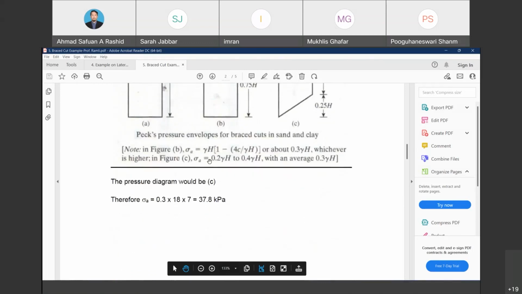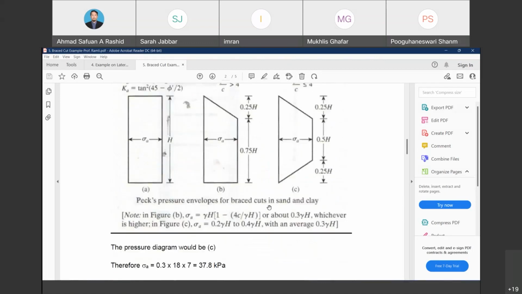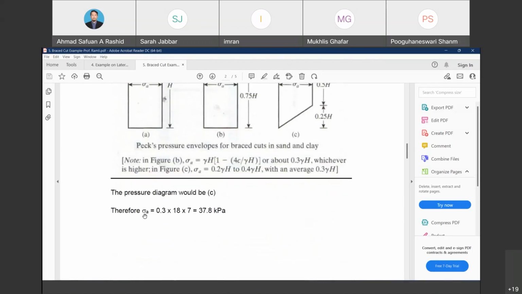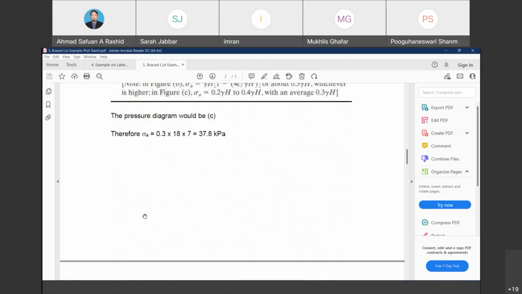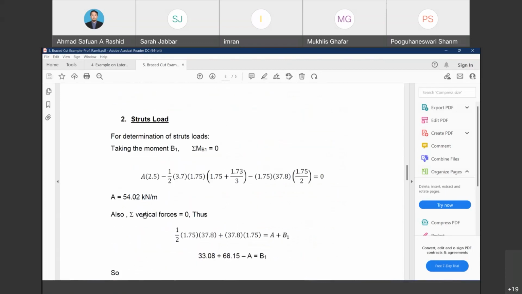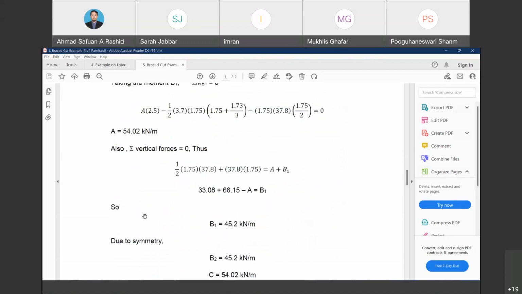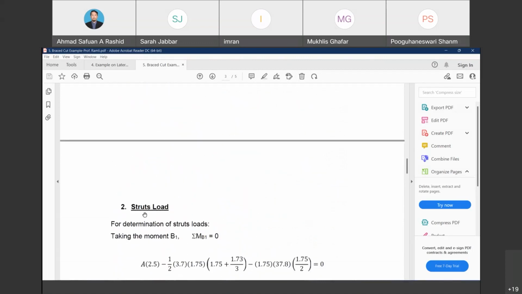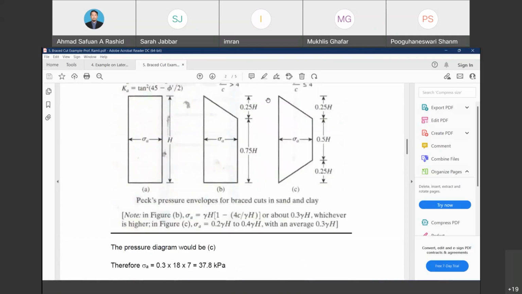The range is 0.2 to 0.4, so the average will become 0.3. So that is for the PA or sigma A value. Then to calculate for the strut, the same approach, where we may use the pressure envelope diagram.